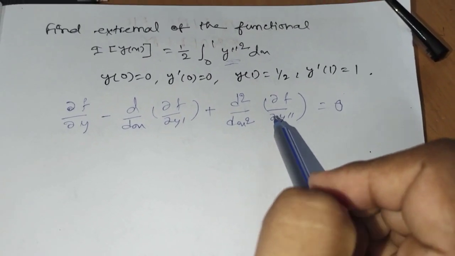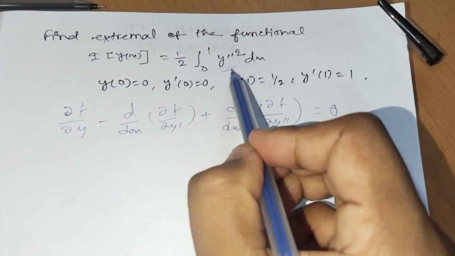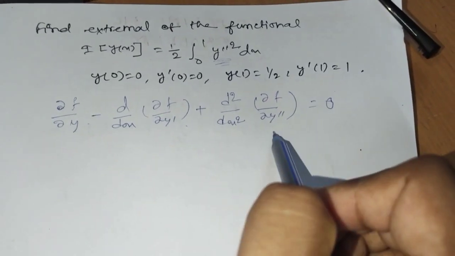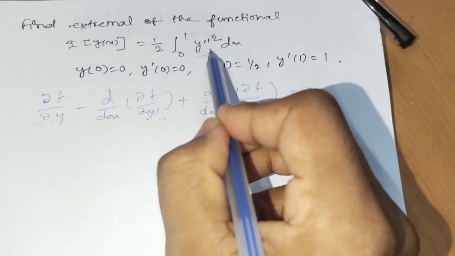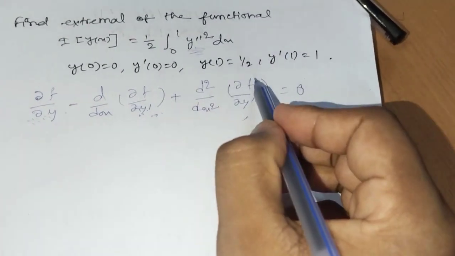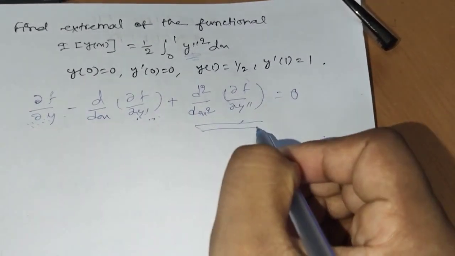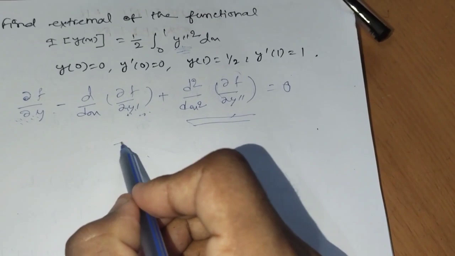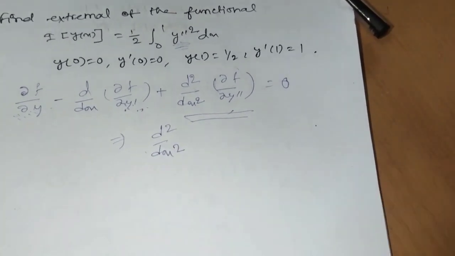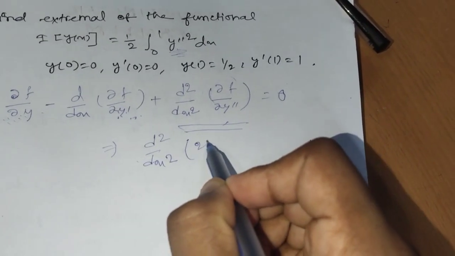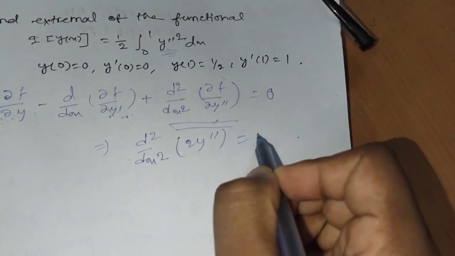Okay, now use this here, here and here. These two terms will be automatically 0 because there is no term of y and y dash, so the only remaining part is d2/dx2 of 2y double dash equal to 0.